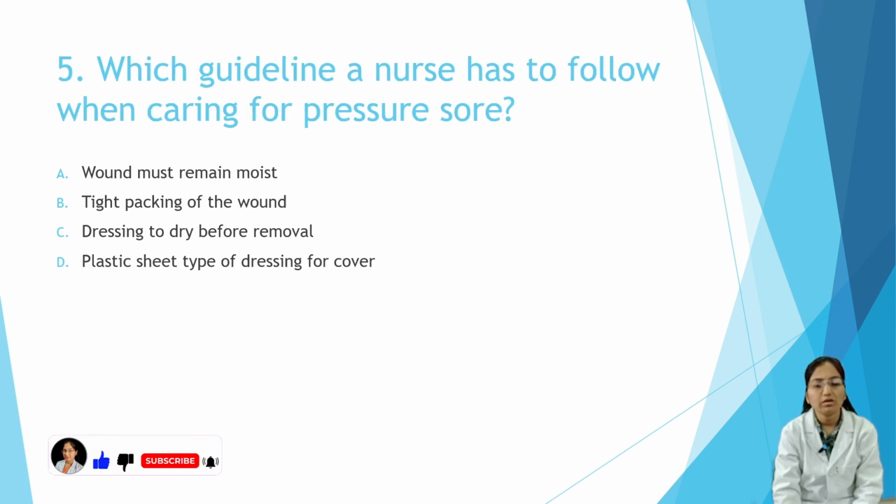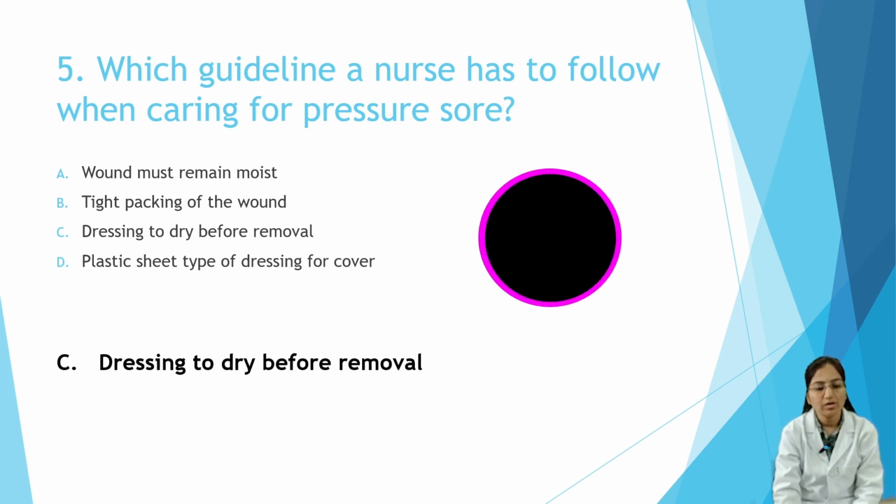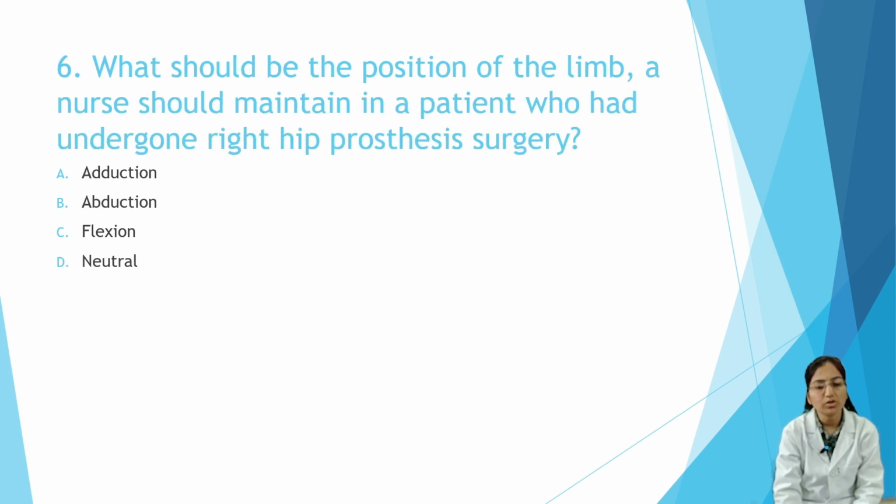Next question. Which guideline must a nurse follow when caring for a pressure sore? Dressing to dry before removal. Next question. What should be the position of the limb a nurse should maintain in a patient who has undergone right hip prosthesis surgery?